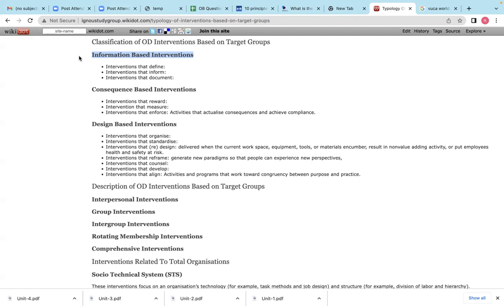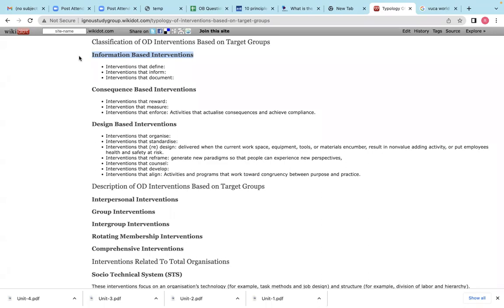Similarly, you are trying to document some procedure. You found that there is a procedure with no documentation and people are struggling, so you start an intervention to make sure those procedures are documented. That is again an information based intervention.